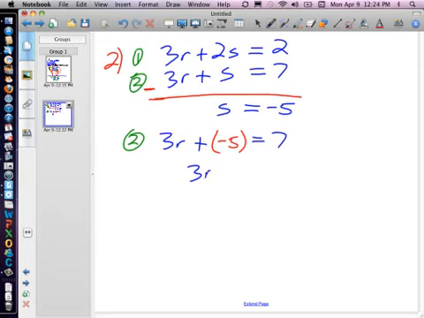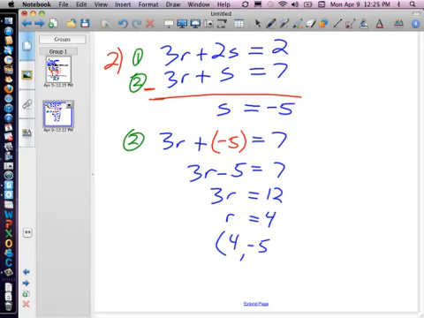So 3r minus 5 equals 7. I'm going to add 5 to both sides. That gives us 12. And then I'm going to divide both sides by 3. And that gives us an r of 4. So our alphabetical ordered pair is going to be 4 comma negative 5.